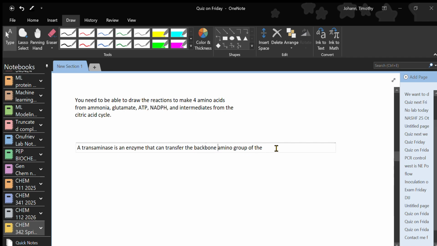The backbone amino group of an amino acid to an alpha keto acid, like alpha ketoglutarate, to make an amino acid.